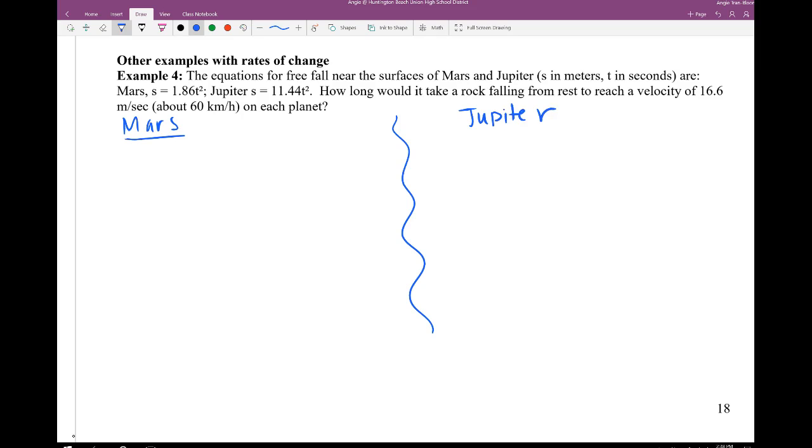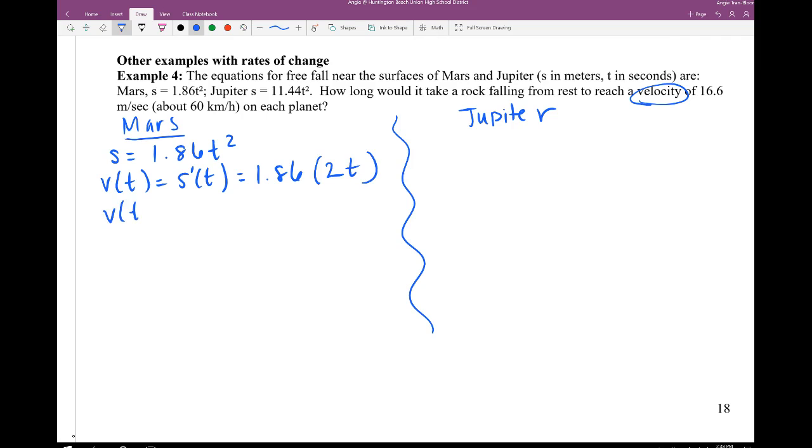Okay, so on Mars, I give you S is 1.86 t squared. It says how long would it take a rock falling from rest to reach a velocity? So I need to find velocity with respect to time, which is S prime of t. So that's going to be 1.86, that's a constant, leave it out, times 2t.